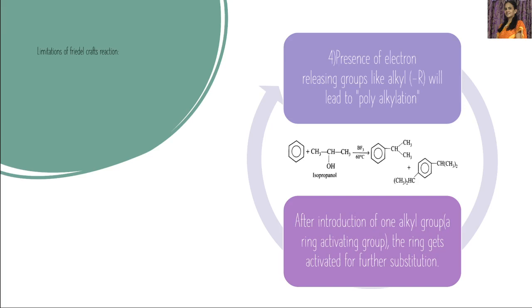So like this, the presence of electron releasing groups leads to polyalkylation. As this group is present, the benzene ring gets activated and it undergoes another alkylation and one more alkylation to form a polyalkylated product.